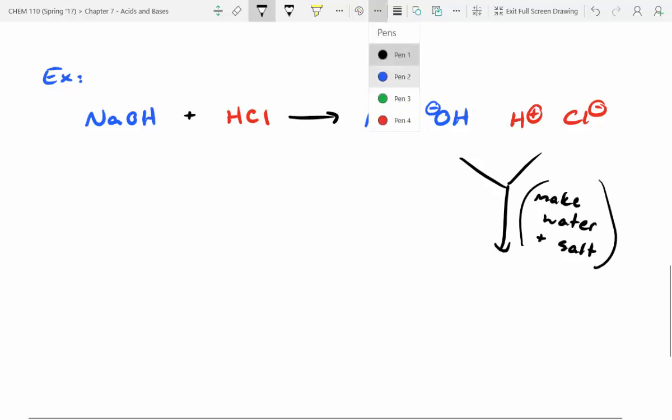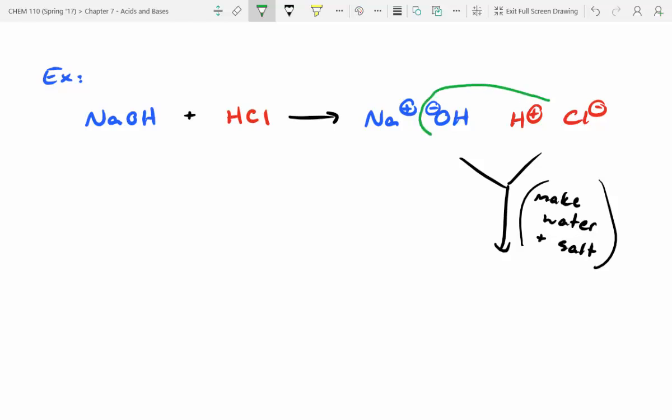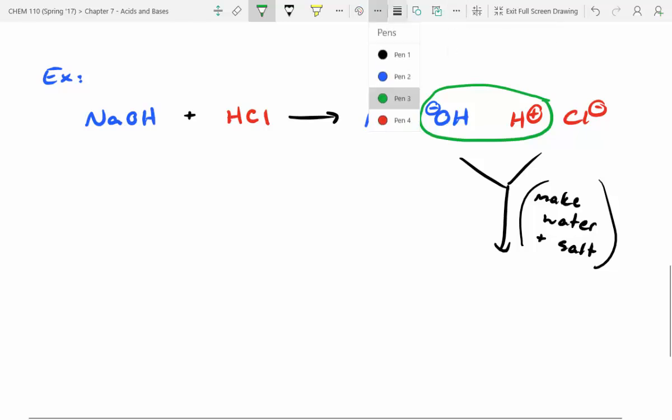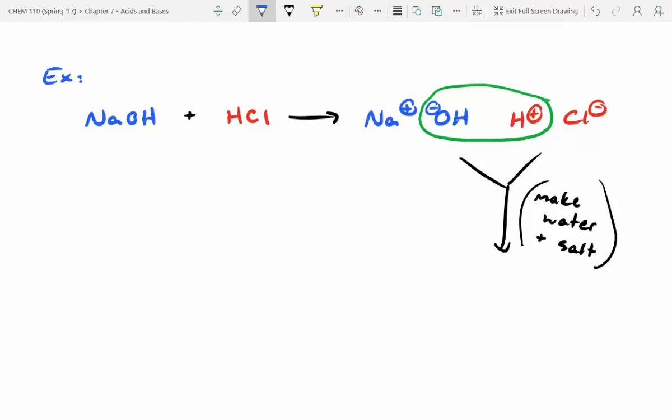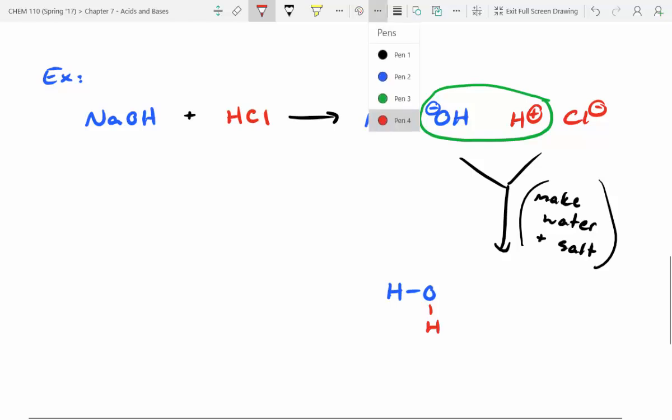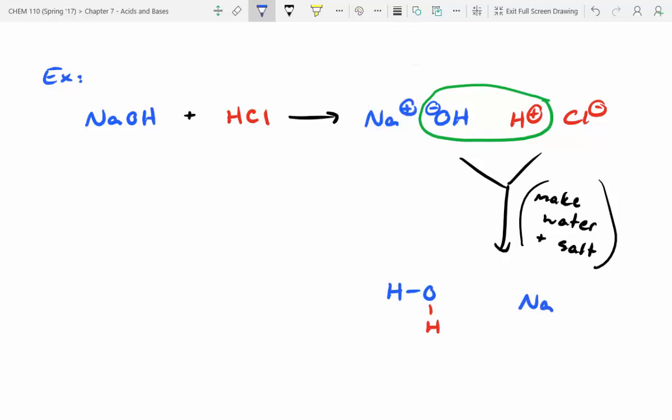In order to make water, all we're going to do is combine the OH minus and H plus, right? What do you think the salt's going to be? What's the name of the salt? The Na plus and Cl minus, sodium chloride, right?